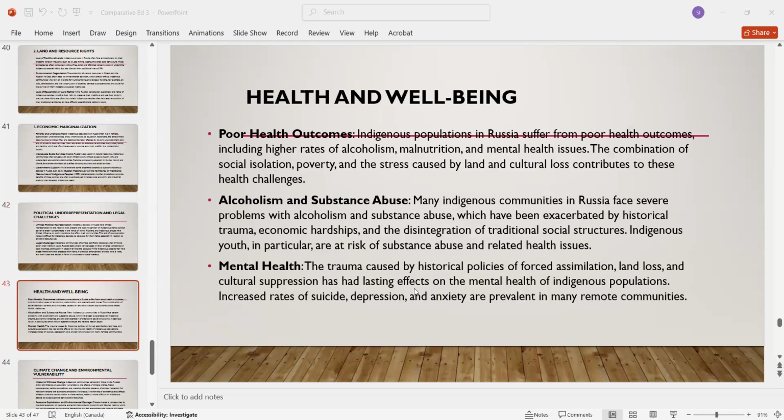And health and well-being, poor health outcomes in the indigenous population, alcoholism and substance abuse. So many indigenous communities in Russia face severe problems with alcoholism and substance abuse, which have been exacerbated by historical trauma, economic hardship, and the disintegration of traditional social structures.